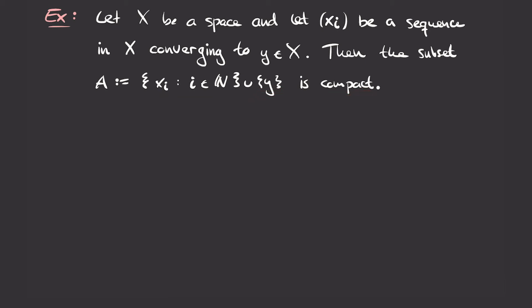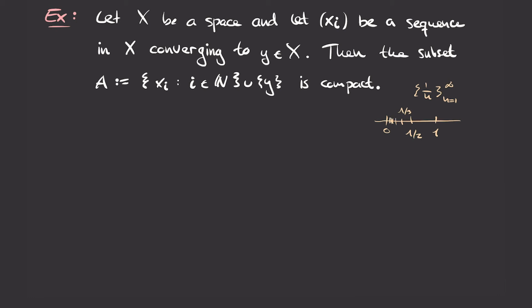For instance, a special case of this example would be the following: we take the real line and we look at the sequence 1 over n, where n goes from 1 to infinity. So this would be the points 1, 1/2, 1/3, and so on.